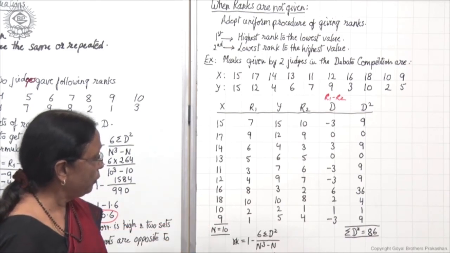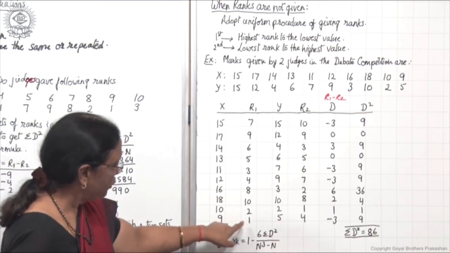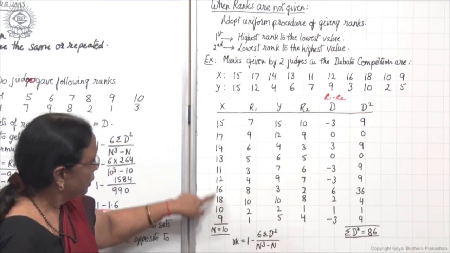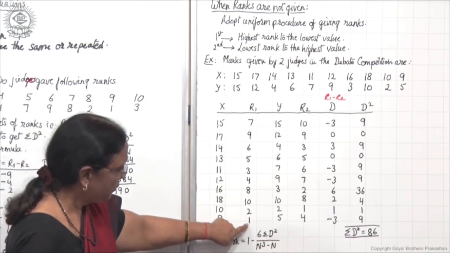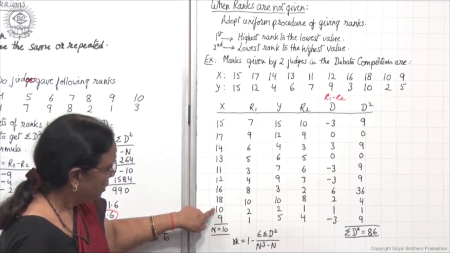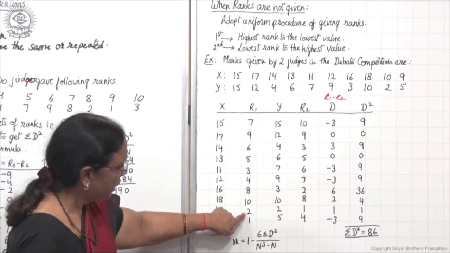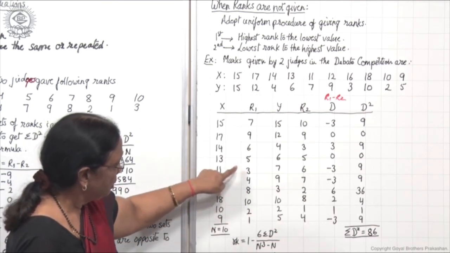Let us see how we have allotted the rank. Now here first rank is given to the lowest value. See the value, this is the lowest value, this is given first rank. Next is 10, right? This is second rank. Then 11 is given third rank.